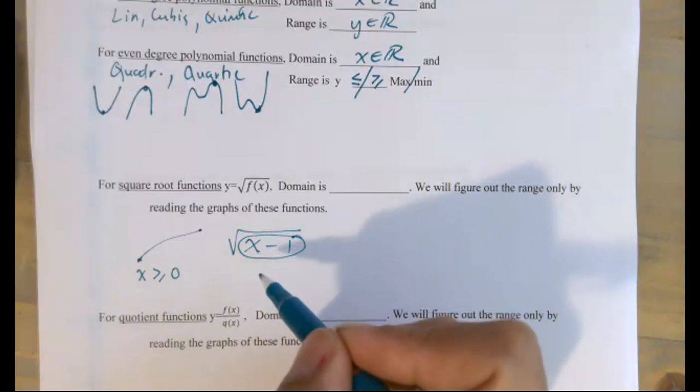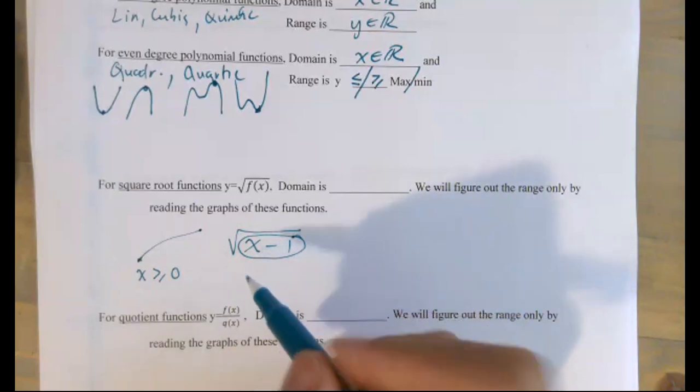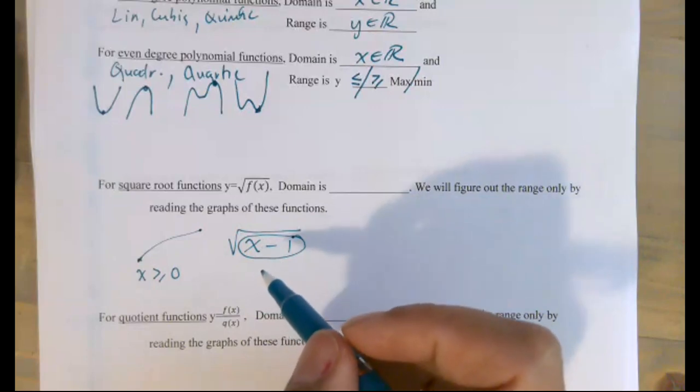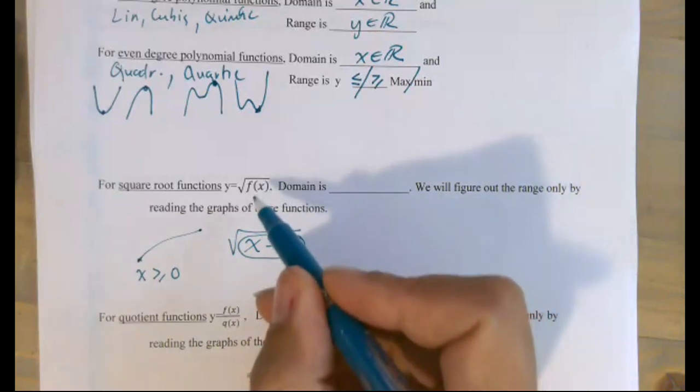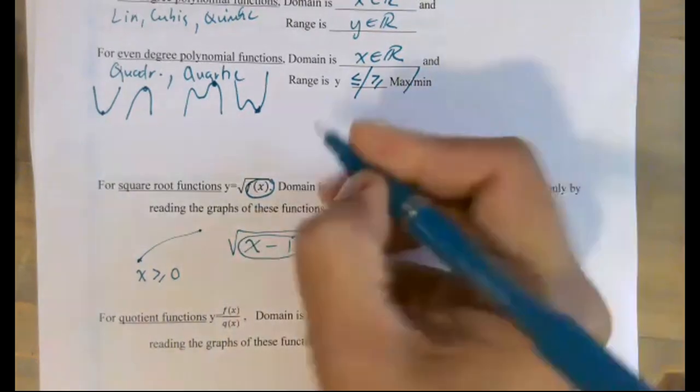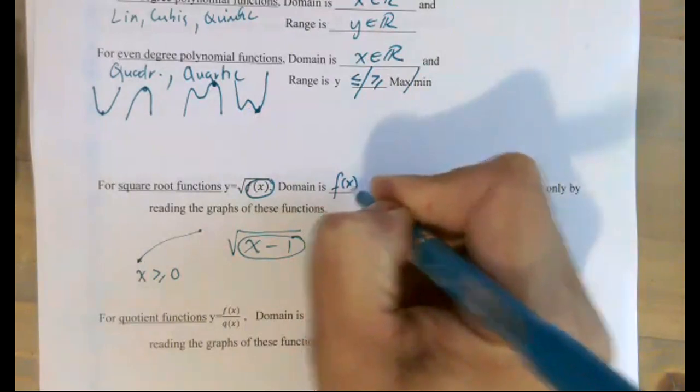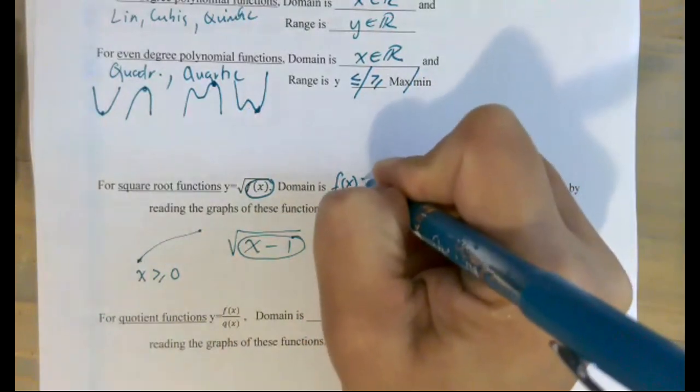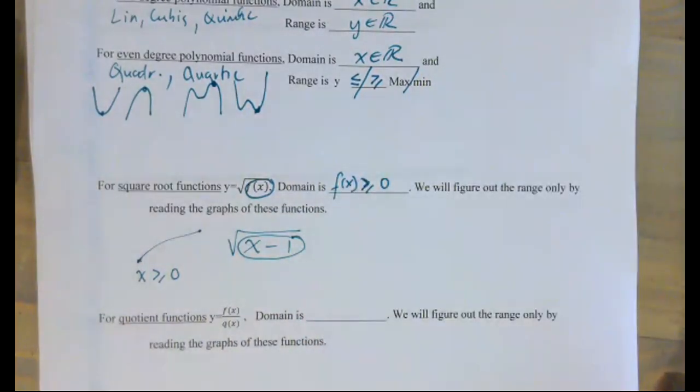So when you figure out the domain of these new functions, you want to make sure that whatever is under the square root, let's call it f of x, is bigger than or equal to 0. That's going to be the condition. And whatever that value ends up being, the range can be concluded for it as well.